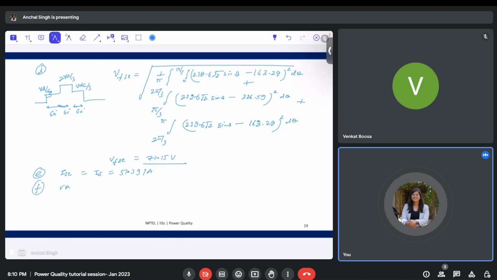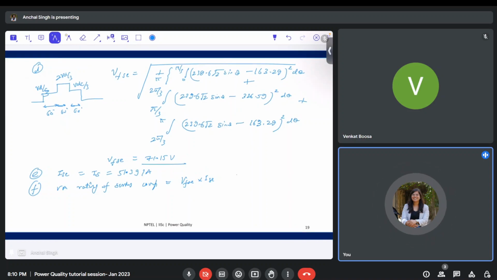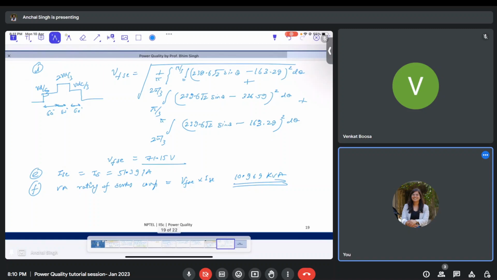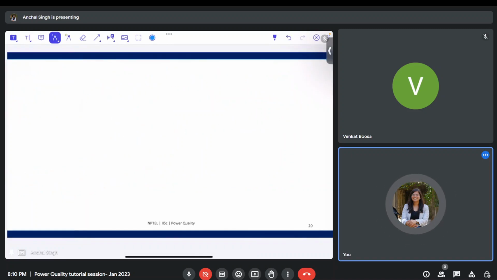So the VA rating of the series compensator will be VFSC into ISC, and this will come out to be 10.969 kVA. So this was our last question for today. In case you have any doubts, then please feel free to ask.